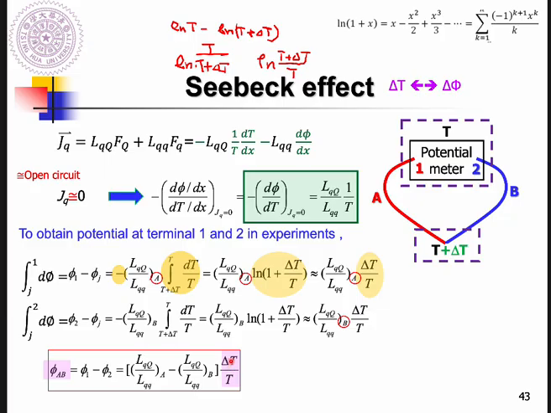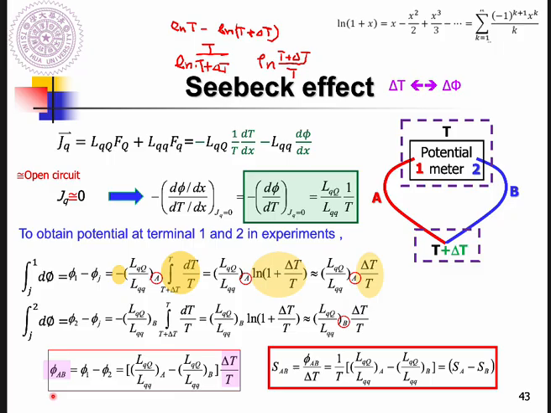It is when you apply a temperature difference, an electrical potential is generated. So you move this to the left-hand side, it is the Seebeck coefficient S_AB, so you take the delta T to the left-hand side, divided by delta T. So you will get this one.